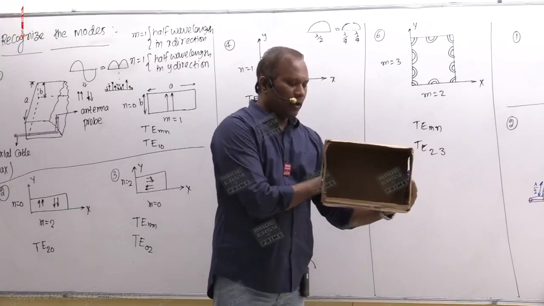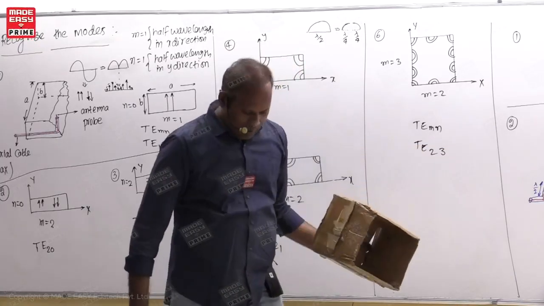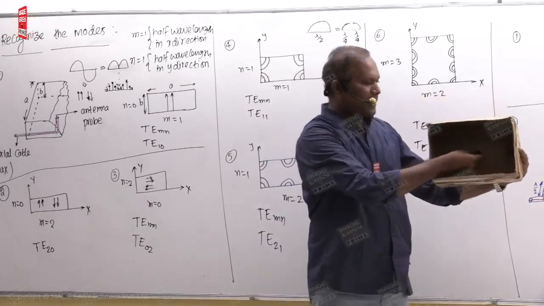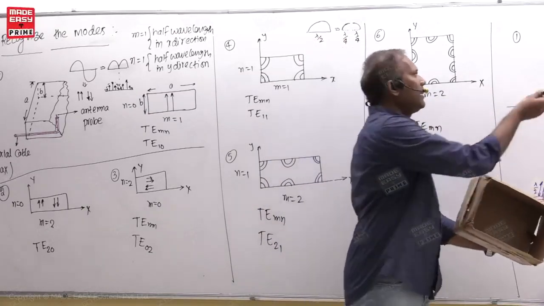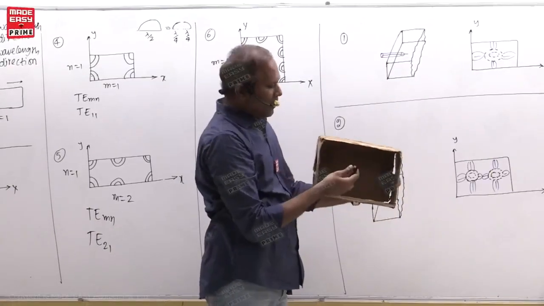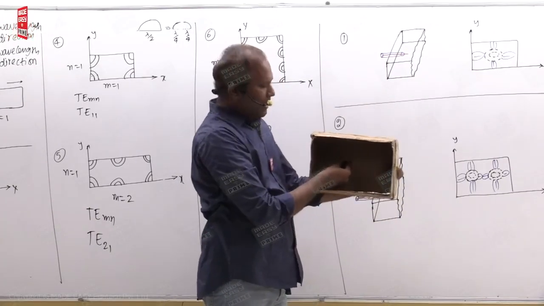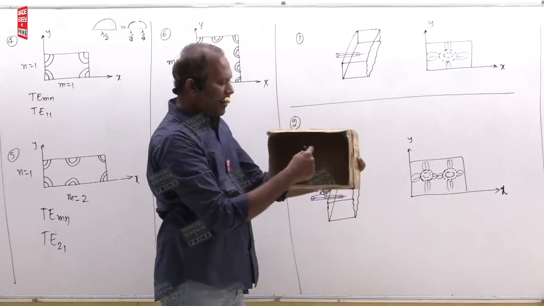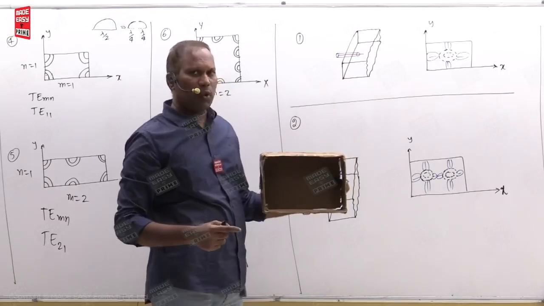And then if you drill the hole here and insert this one, it comes like this inside, like this I have shown, like this it comes. Then this is the antenna probe. Then here the magnetic field comes in the form of a circle, because magnetic field lines are closed lines.